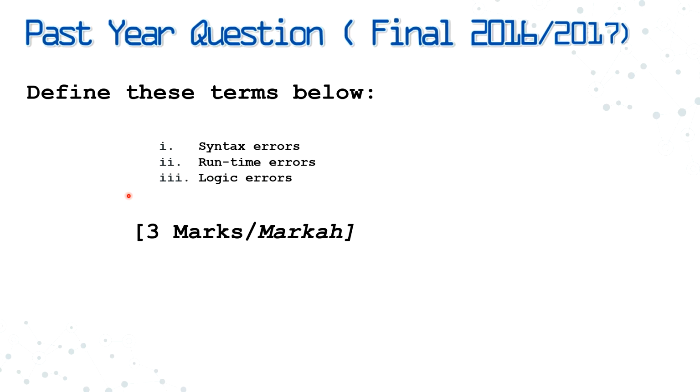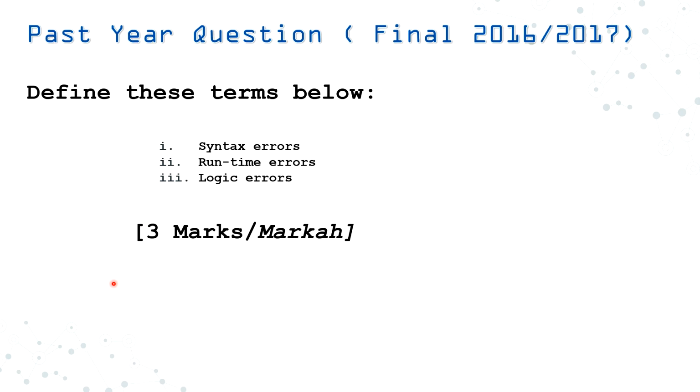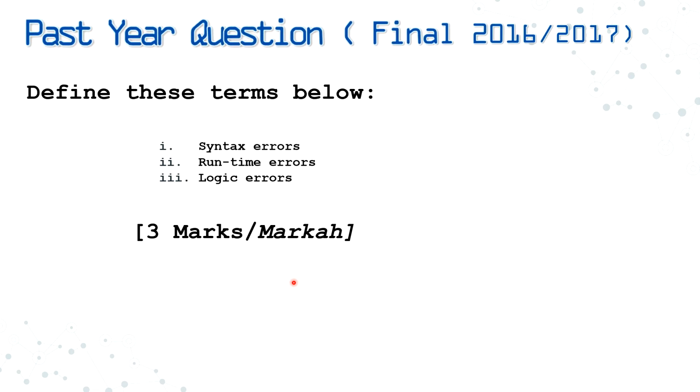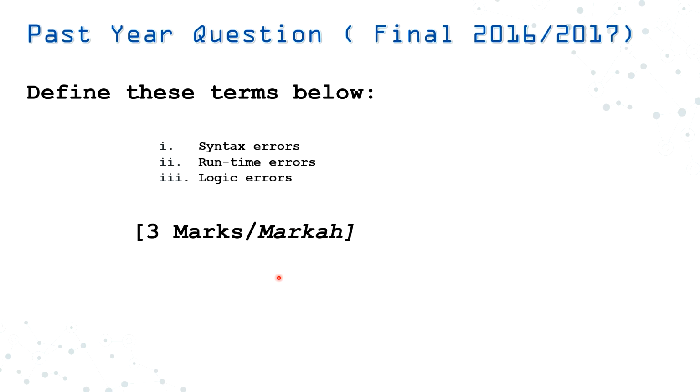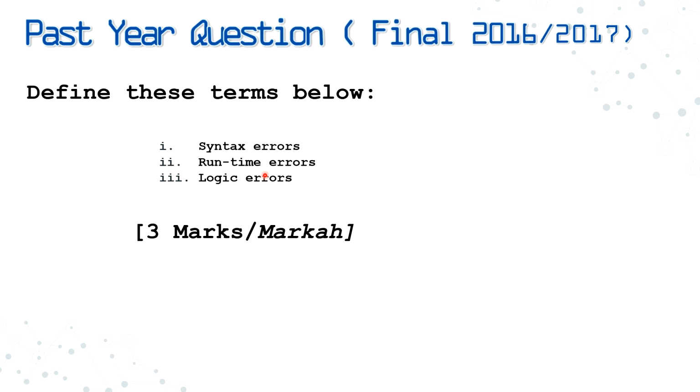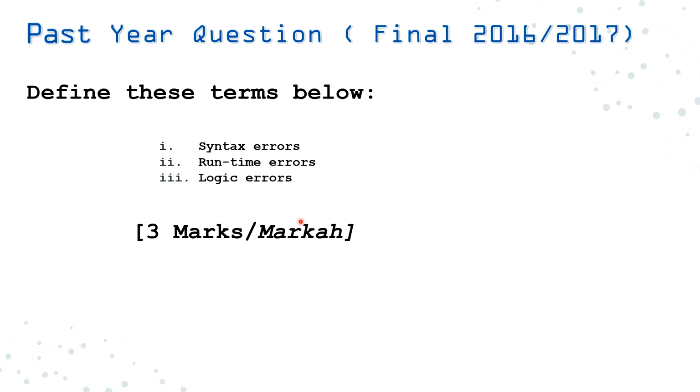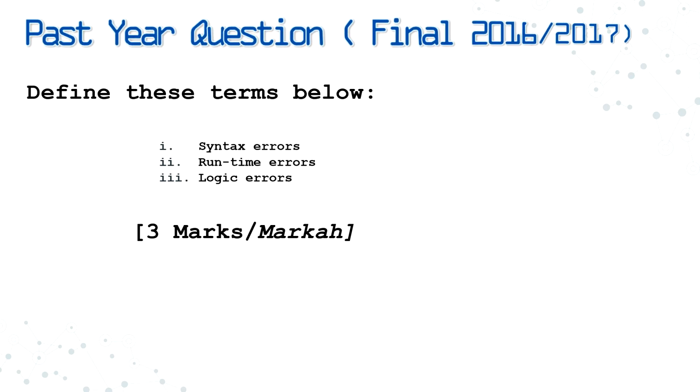This question is worth 3 marks. So try to take a brief moment and think about how you would answer this on a test. Okay, how to define all these 3 terms as if you are answering the final or test.